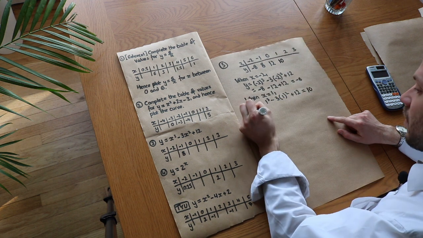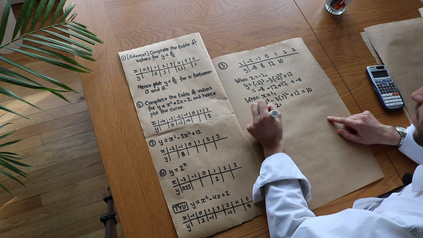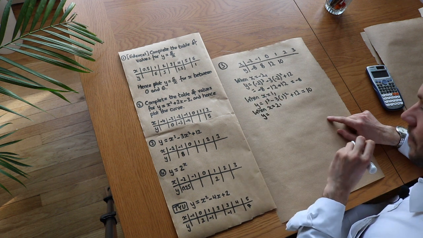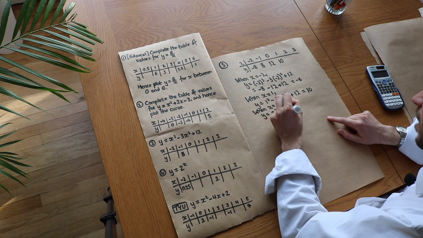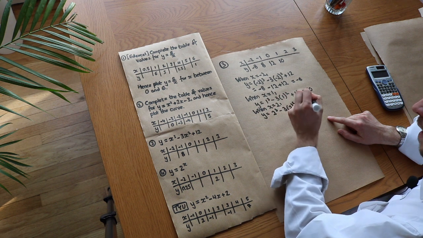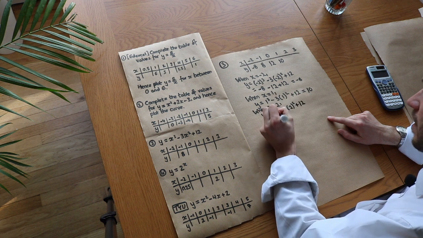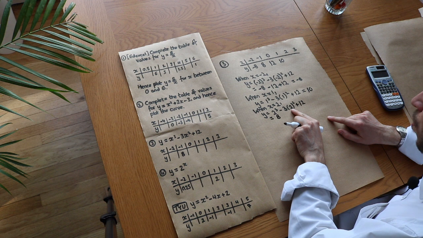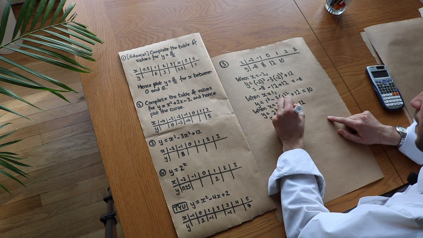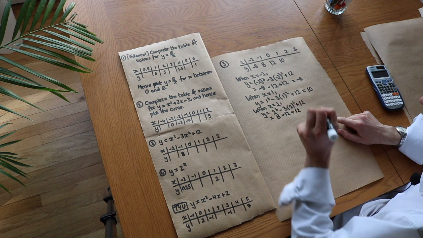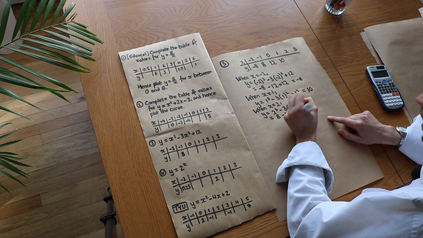And then what about when x is 2? We get y is equal to 2 cubed minus 3 times 2 squared, plus 12, and that is equal to 8. 2 squared is 4. 4 times 3 is 12, so we're minusing 12, and then plus 12, and then basically we get 8 again, don't we?